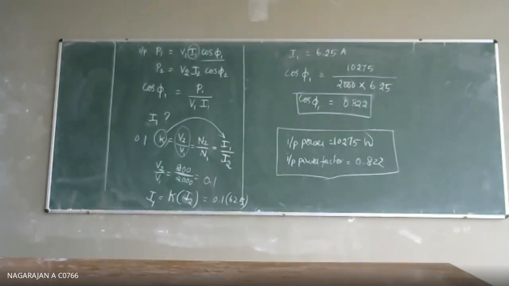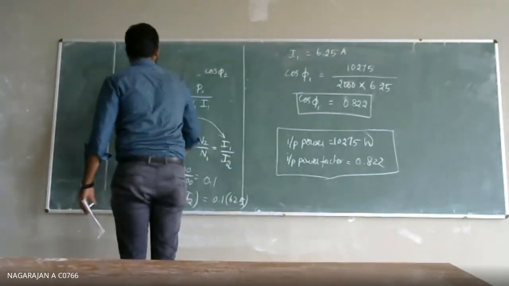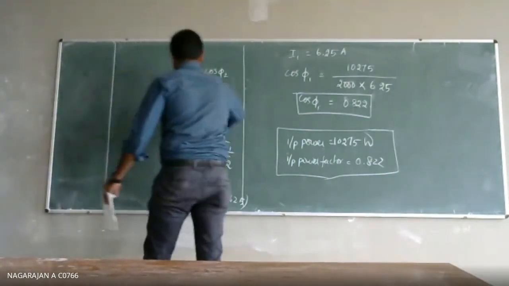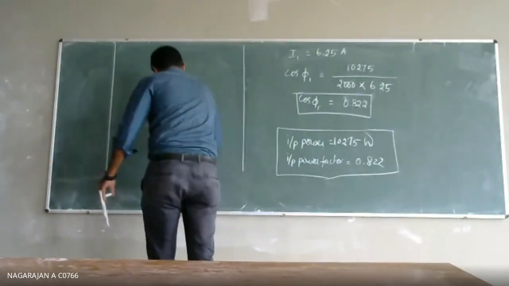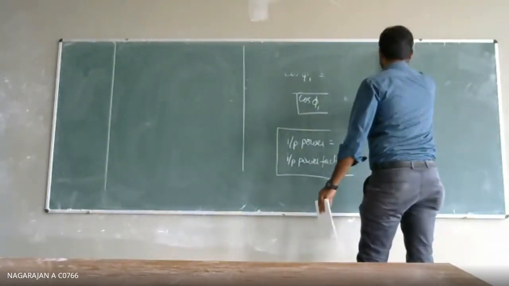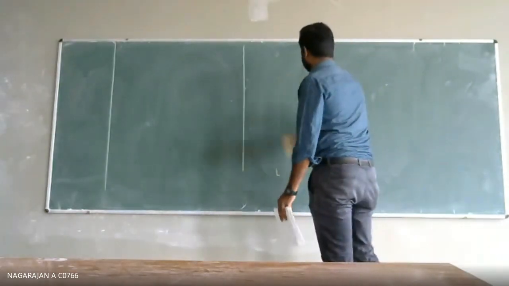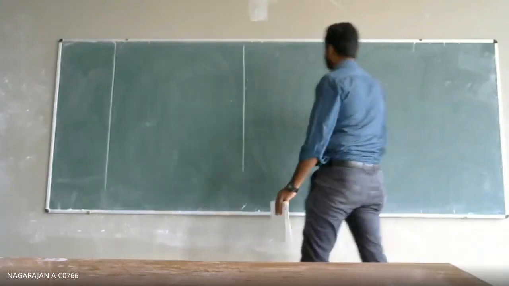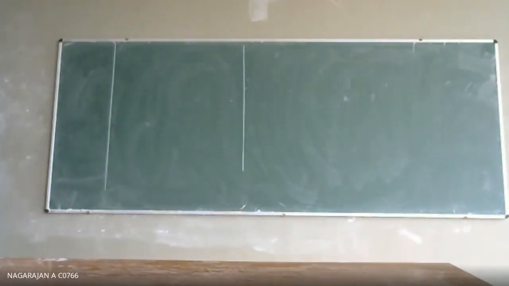Look at the board now. For solving this problem, you must have a calculator. The impedance values of transformer A and B are given.